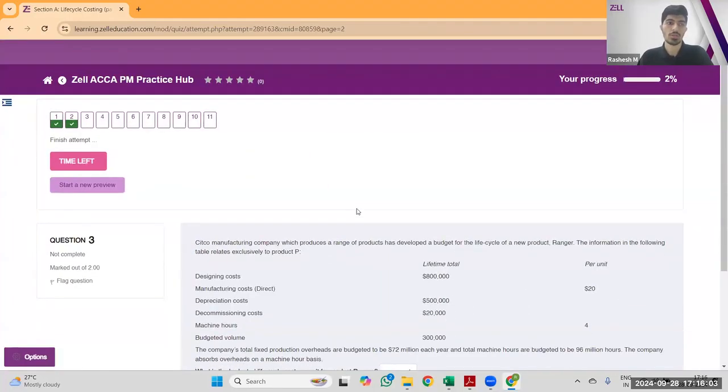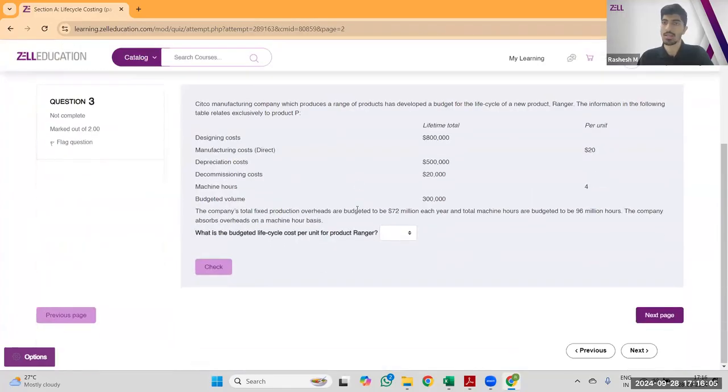All right. So again, you all can do the question. I can then do it for all of us. I'll read it. You all can start solving it as well. Sitco Manufacturing Company produces a range of products and they have a new product called Ranger. This relates to all the information for that product.